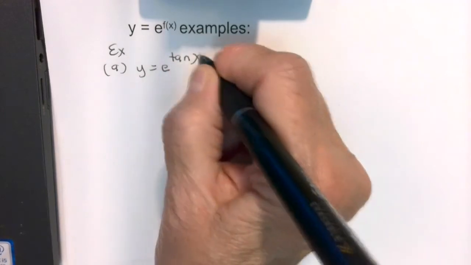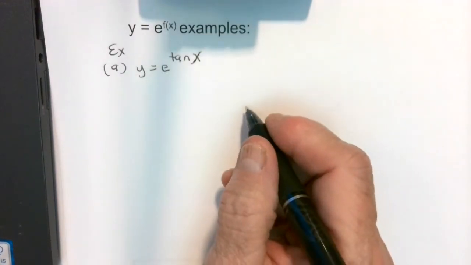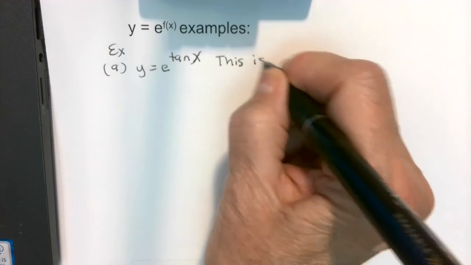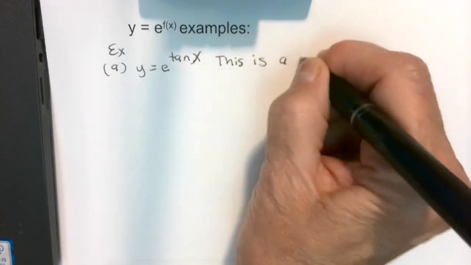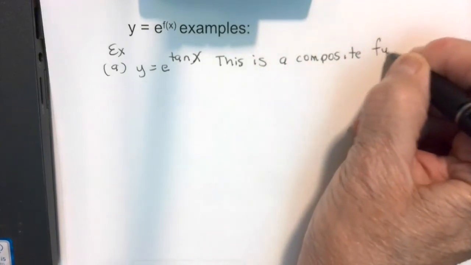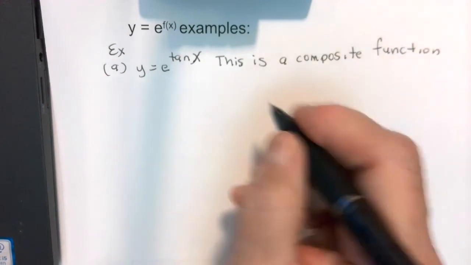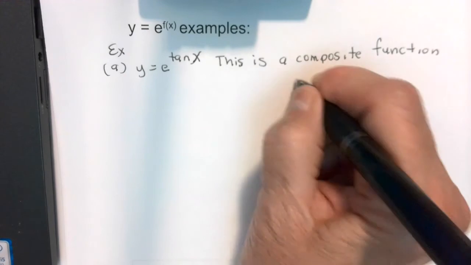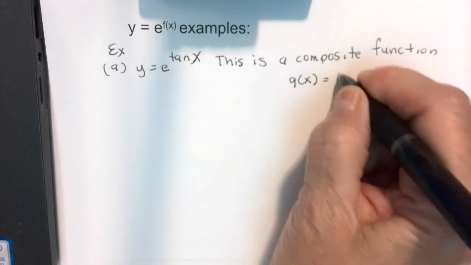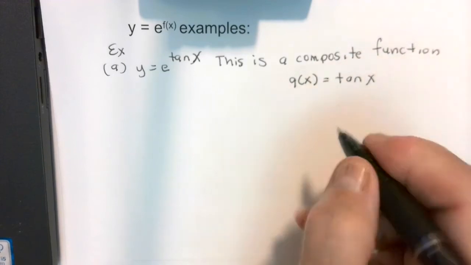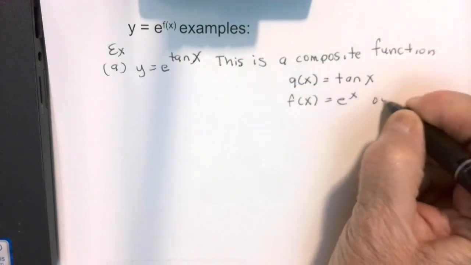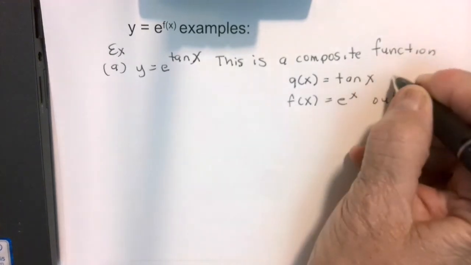Now, when it's a function like this, this is a composite function, so we need to use the chain rule. Let's say g of x is equal to 10x and f of x is equal to e to the x. So this is the outside, and this is the inside.